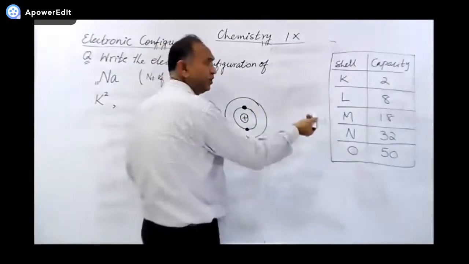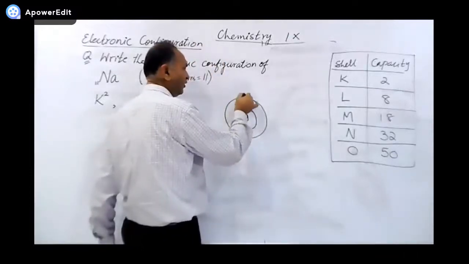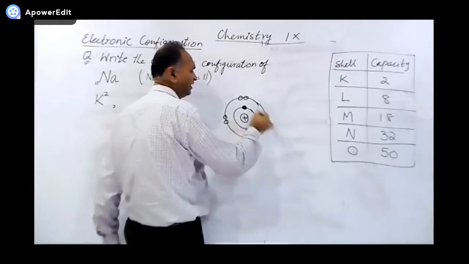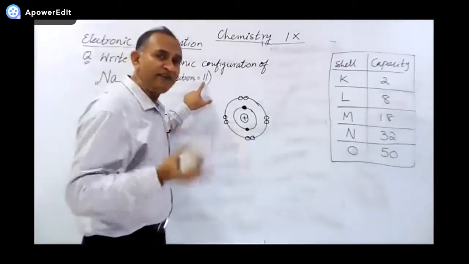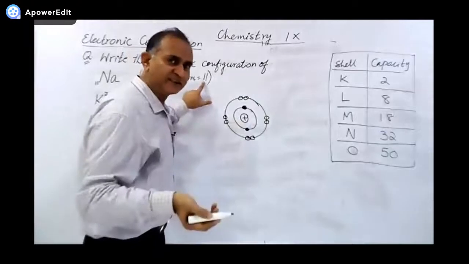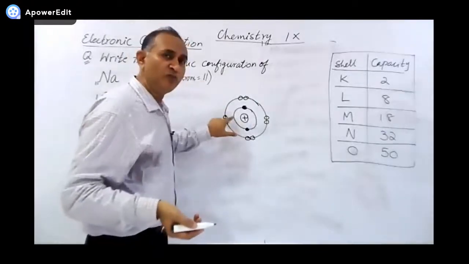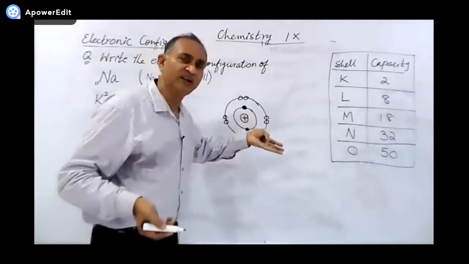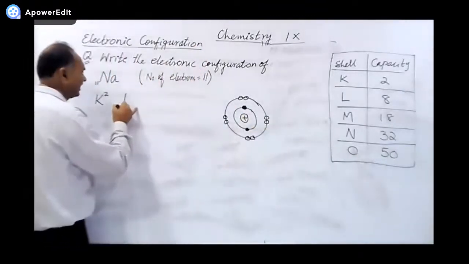How many can it hold? 8. 1, 2, 3, 4, 5, 6, 7, 8. So out of 11 electrons, 2 are in the first room, K shell, and 8 are in the second room, the L shell.